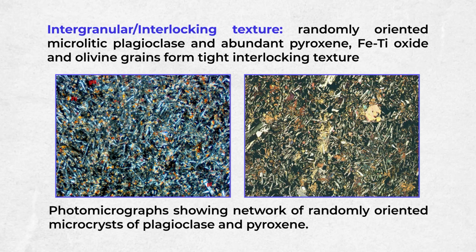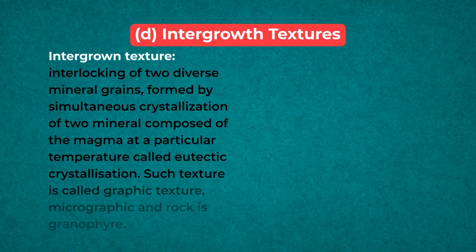Grey colored rod-like microlithic plagioclase is lying on my left hand side slide, and abundant pyroxene and iron oxide and olivine grains are found within the interspaces of these rod-like microlithic plagioclase grains. See here, on my right hand side, the next slide, the photomicrograph showing network of randomly oriented microcrystals of plagioclase and pyroxenes.